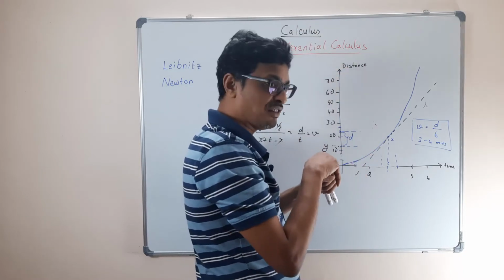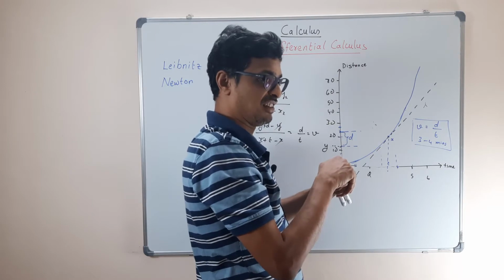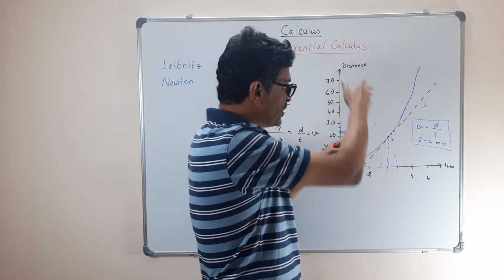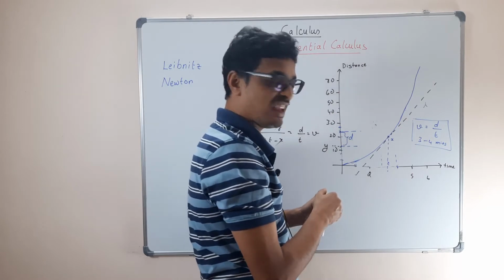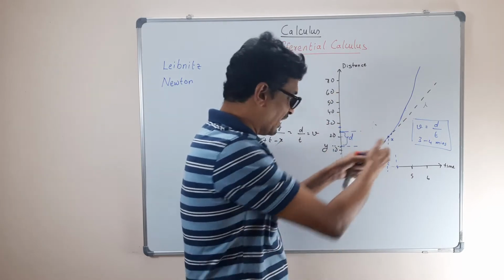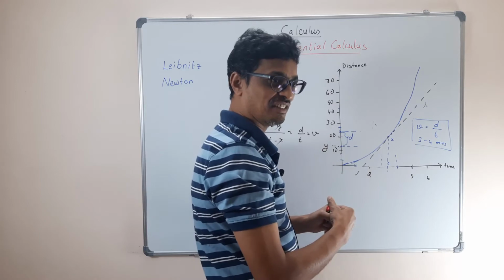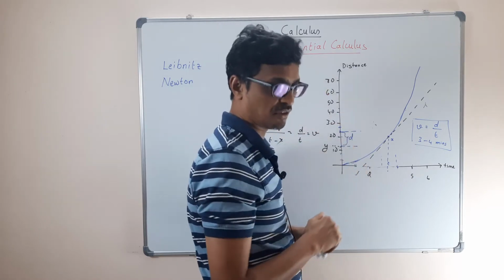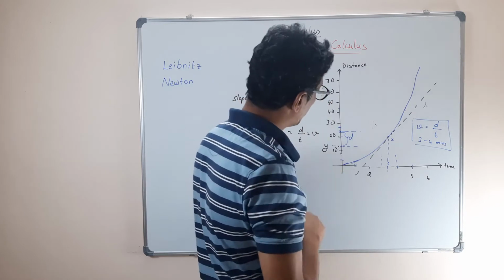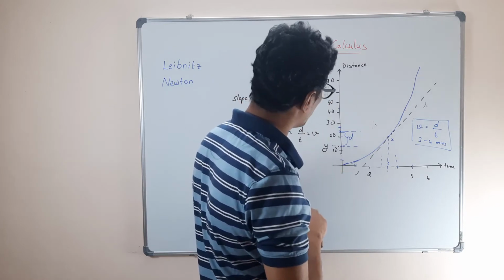When I ask what is the rate of change of that function, that quantity, at a certain value of x, to find that out is where calculus comes into the picture, differential calculus.